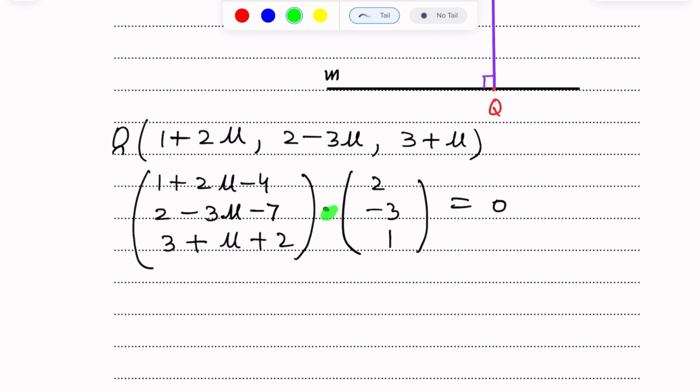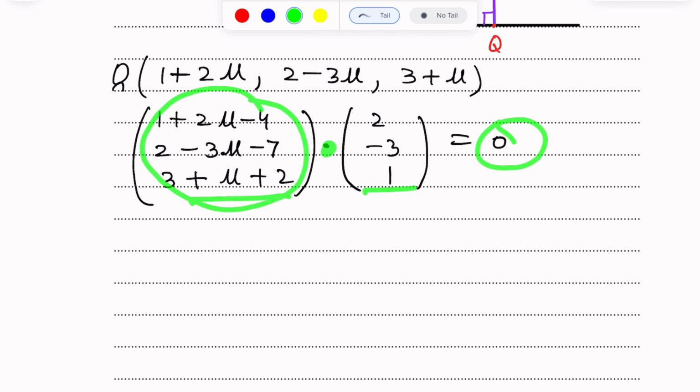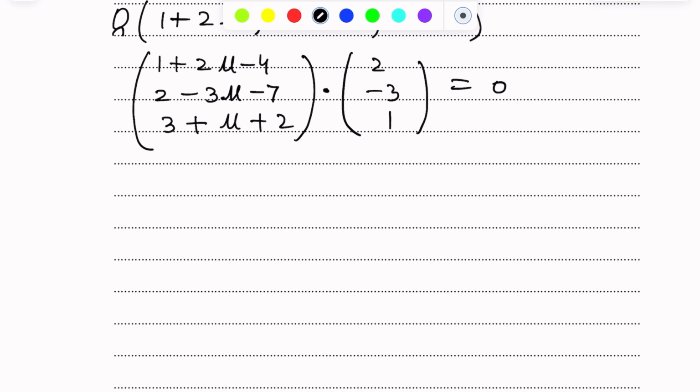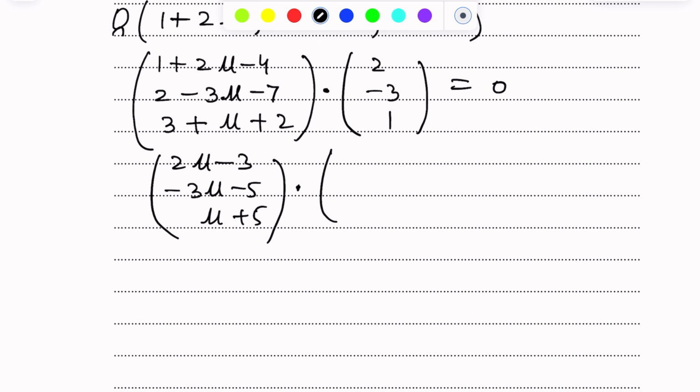Simplifying it first, 2 mu minus 3, minus 3 mu minus 5 mu plus 5, the dot product with 2, minus 3, 1 is 0.